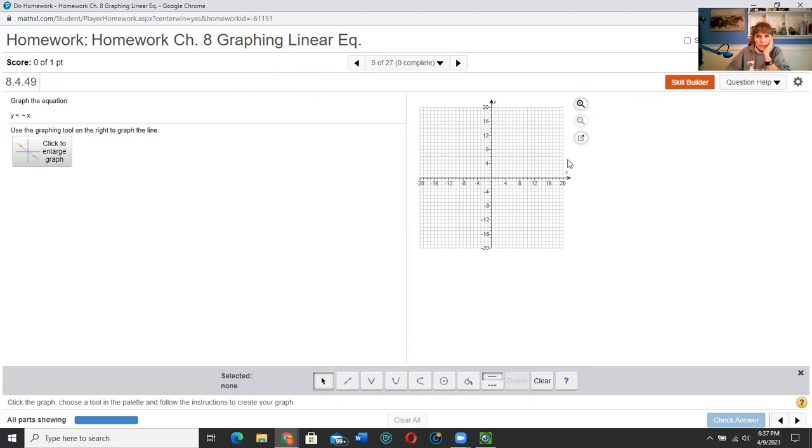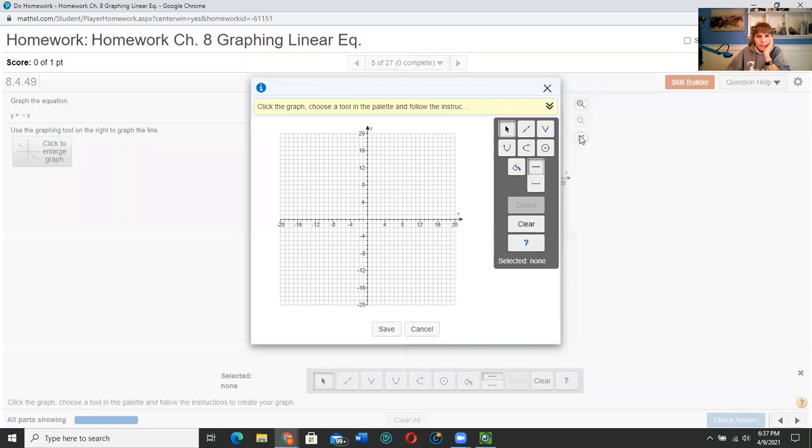So what you'll do is come over here and do this pop out. And we want to graph a line. This is going to be a linear equation, y equals a negative x. So you have to tell MyMathLab the basic shape. And this is going to be a line. So we're going to push line here. And you'll go over and click on the y-intercept first.